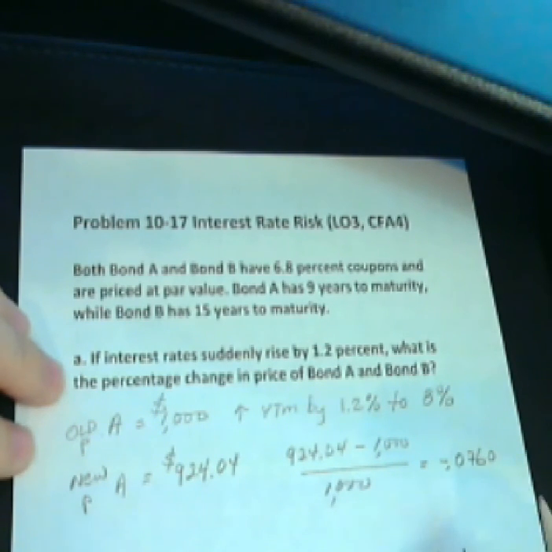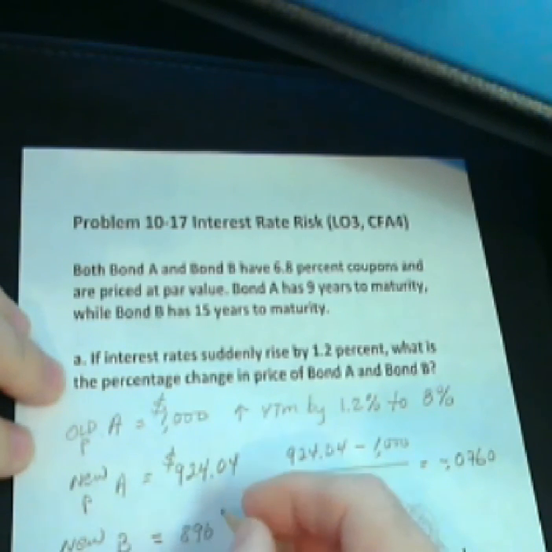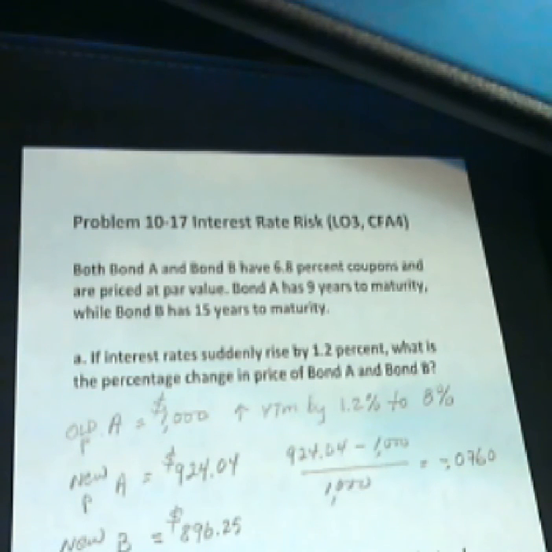As a check figure, the new price for bond B would be 896.25 if I did it right, and I'm hopeful I did, because I will hear from you if I didn't.